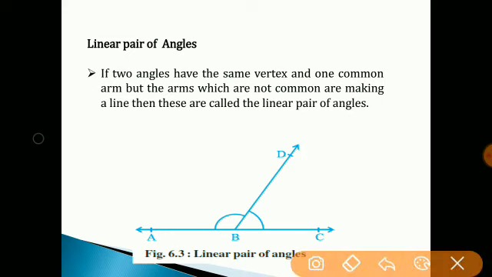Here we have two angles, the first one is here and the second one is here. These have a common vertex B, but the arms which are not common are making a line, so these are called a linear pair of angles.